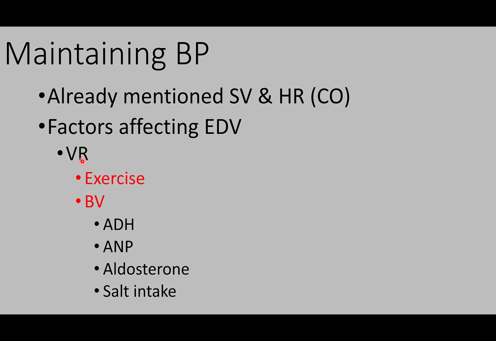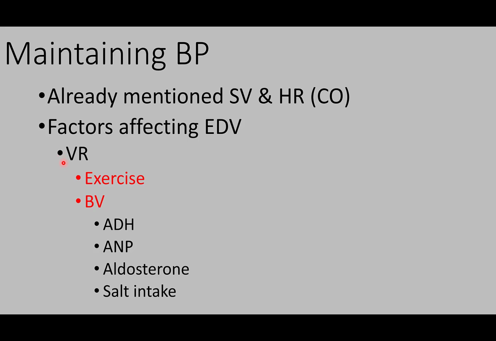We talked about this a little bit previously, but venous return is the amount of blood returning to the heart. So how much blood is coming back to the heart? If more blood comes back to the heart, then EDV will go up. If less blood comes back to the heart, then EDV will go down. And whatever EDV does, stroke volume is going to do the same thing. So let's just look at what happens.